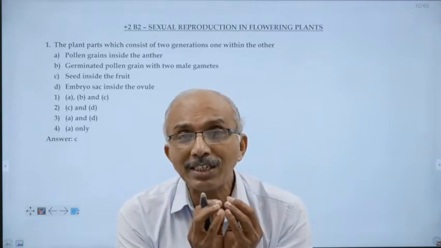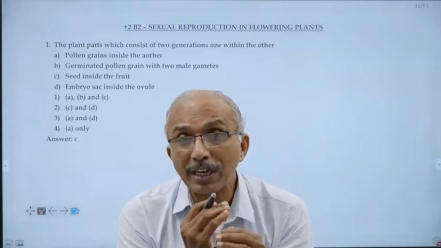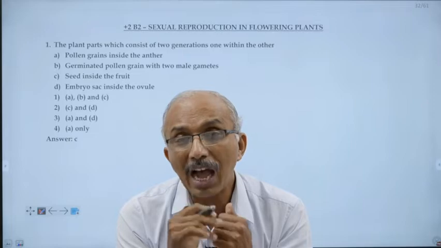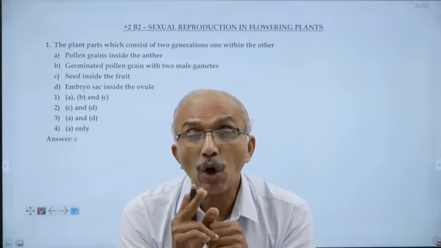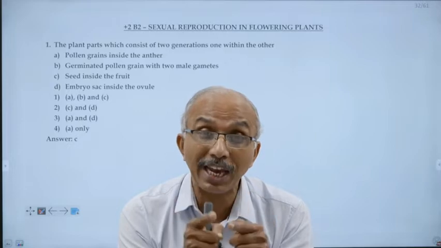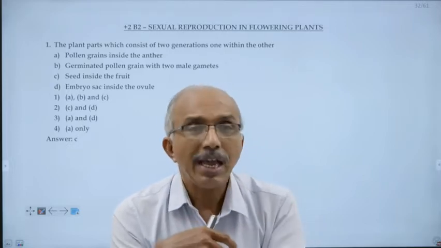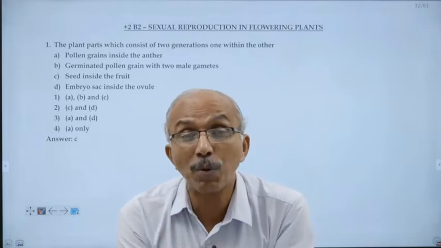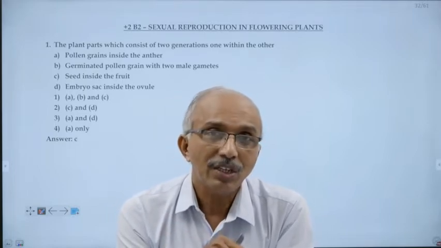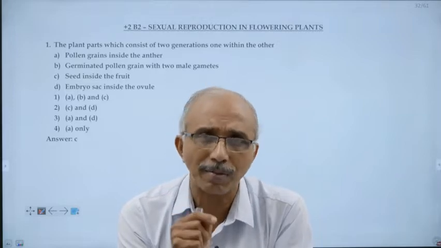One represents one type of generation, that is gametophytic or sporophytic, and the other one, the opposite of the first one. Two different types of generation, here meaning gametophytic and sporophytic. So the selection is not that easy.